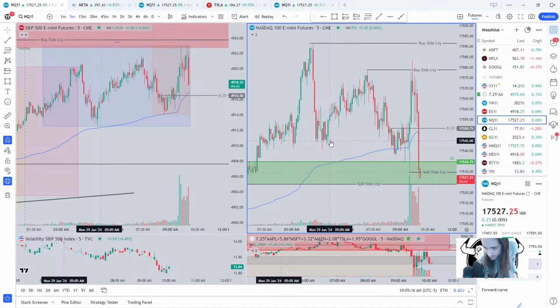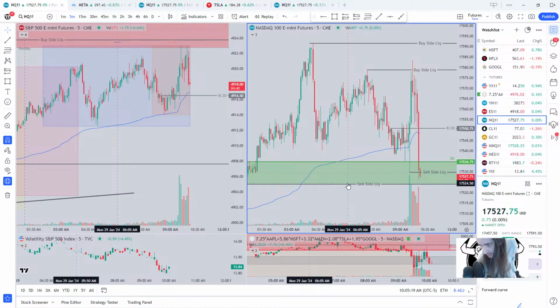I'm watching that sell side liquidity at 524.